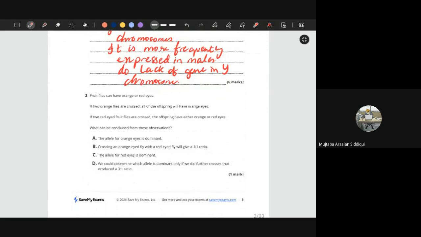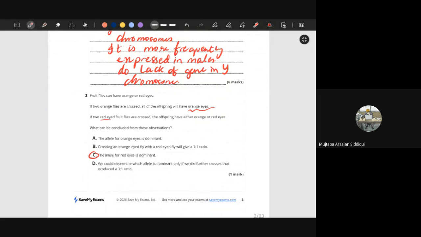Fruit flies have orange or red eyes. If two orange flies are crossed, all of the offspring will have orange eyes. If two red fruit flies are crossed, the offspring will either have orange or red eyes. What can be concluded from these observations? A. No, the allele for red eyes is dominant. How can I say that? This is showing that there is a possibility of red eyes.